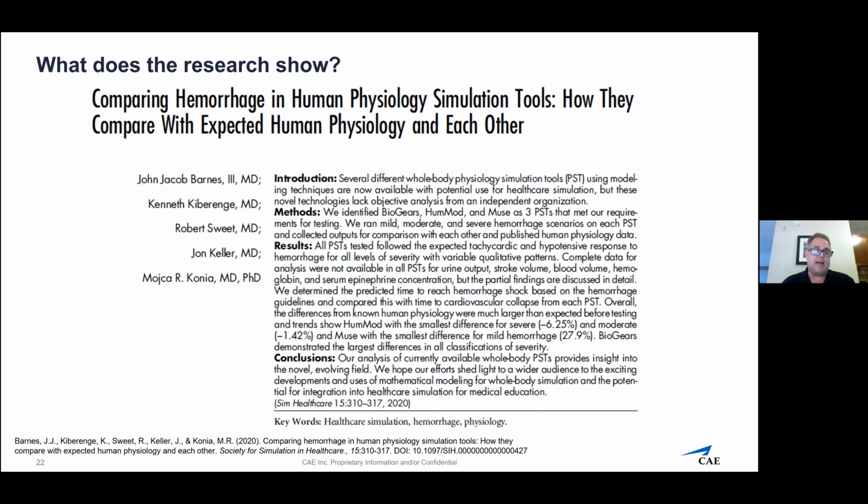And I'd love to see more research on the different mathematical models out there, and especially comparing them, because I don't think, to steal from Lord of the Rings, there's one model that rules them all, right? So it really is dependent on what you're trying to look for and what you're trying to do.